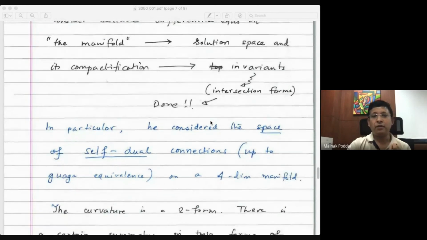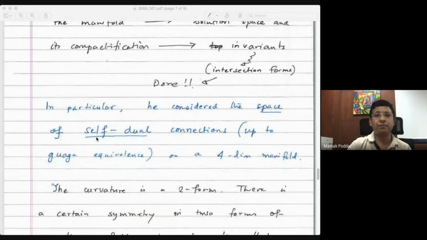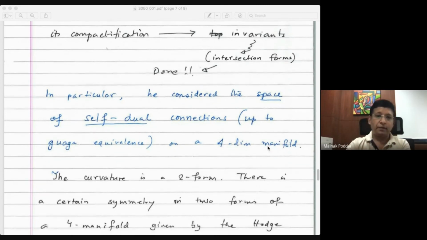And in particular, what Donaldson considered is the space of self-dual connections on a four-manifold, on some principal bundle, whatever, some bundle on a four-dimensional manifold.